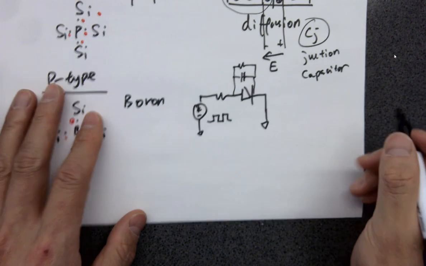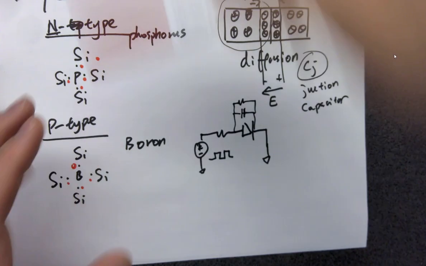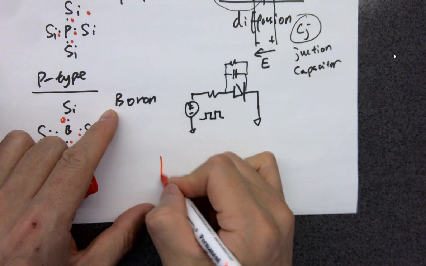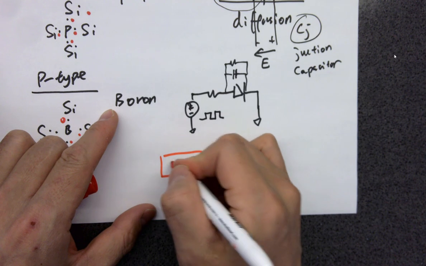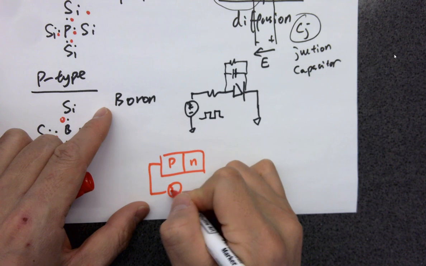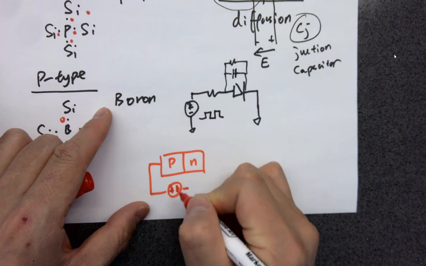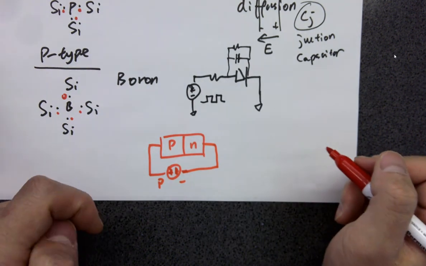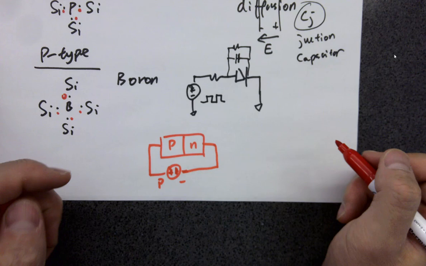Okay. So my quick question for you guys is, here's the PN junction. If I do this, plus minus, okay, plus minus. Is this called forward biased or reverse biased?